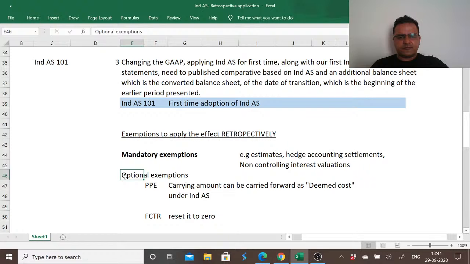In the absence of this, the entities, the countries around the globe didn't agree to it because it was not easy to apply the change retrospectively to each and every item present in the balance sheet. In spite of these exemptions, this turned out to be a cumbersome and lengthy exercise when we actually implemented Ind AS in India.